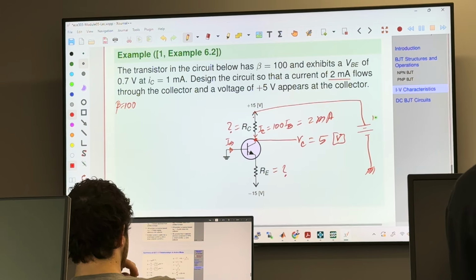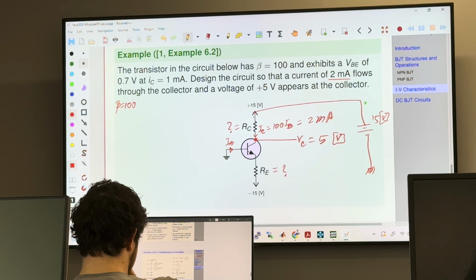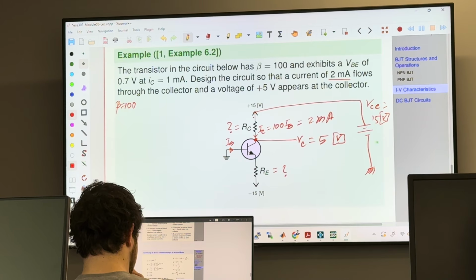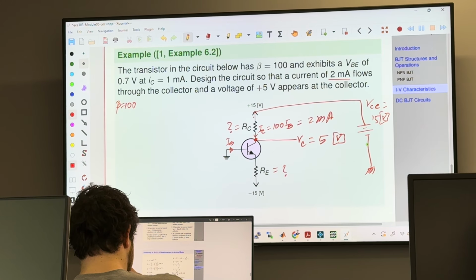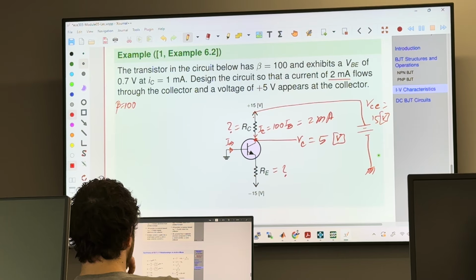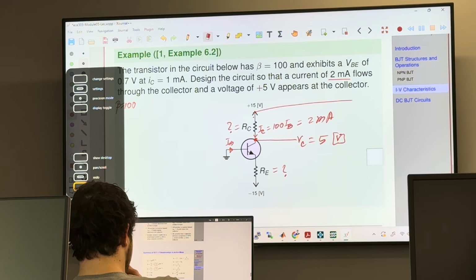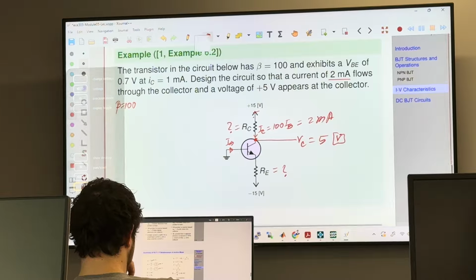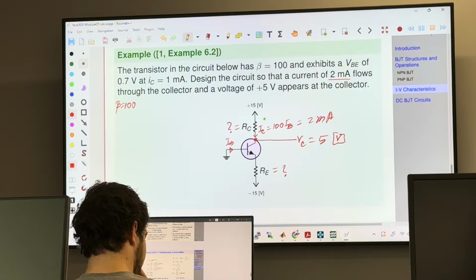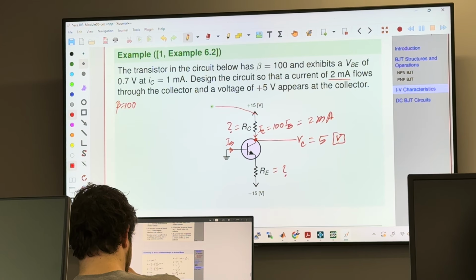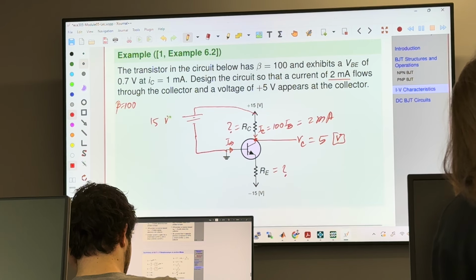So this is VCC equals 15 volt with respect to ground. It's better because there is a ground here already. You can just put it the other way. So here there is a ground, and this is 15 volt.